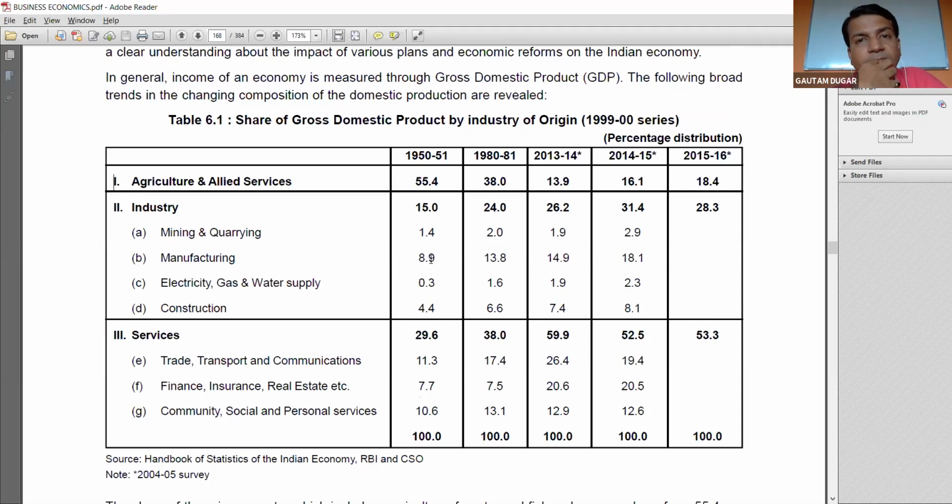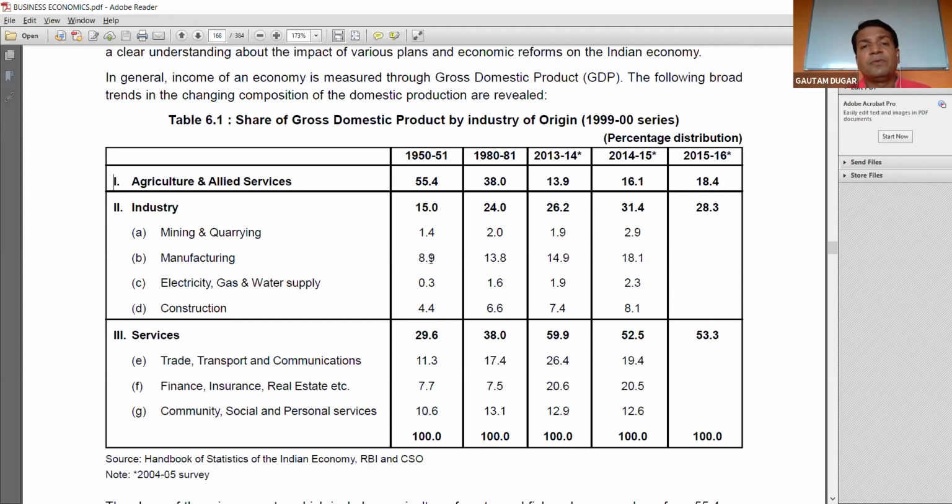As I said, 80% of the population was dependent upon agriculture and land activities. However, with the passage of time, the secondary sector started getting importance and our working population started shifting from agriculture to the manufacturing sector.